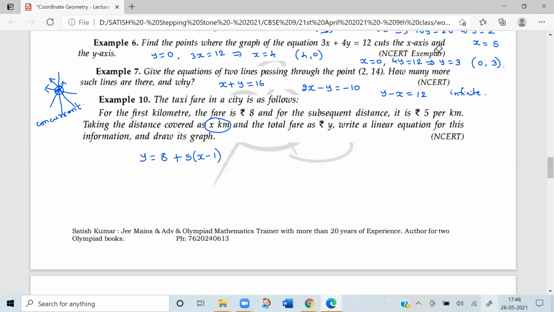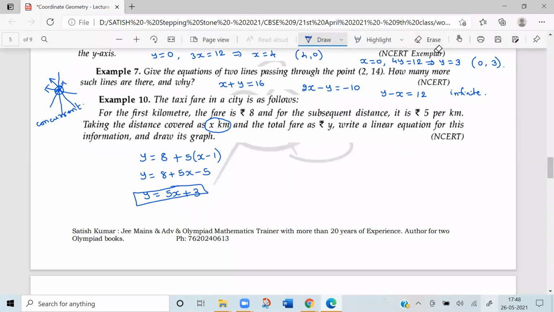So total kilometers are what? x only. So simplify. y equal to 8 plus 5x minus 5. So y equal to 5x plus 3. So in this equation, if I substitute x equal to 1, check, are you getting 8 or not?